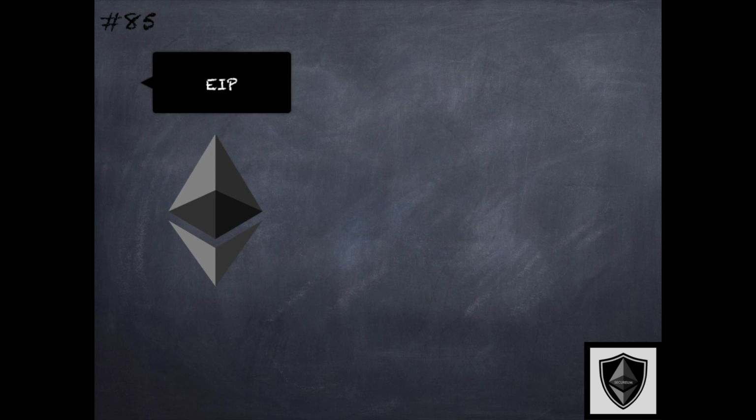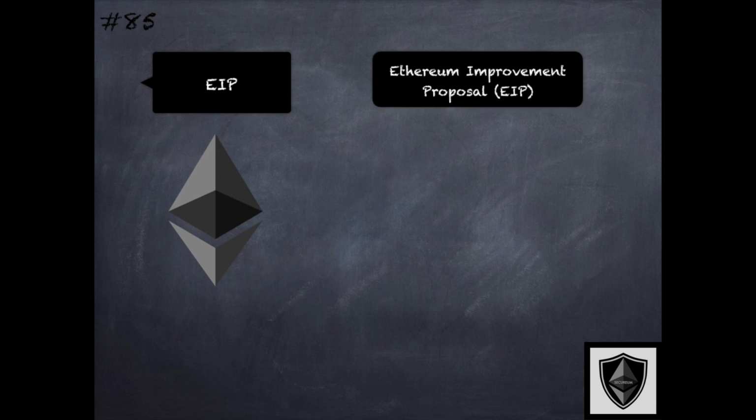A term that you will come across in Ethereum literature very frequently is EIP. This stands for Ethereum Improvement Proposal, and as it is named, these are proposals put forward by researchers, developers, and community members in the Ethereum ecosystem to make changes to different aspects of the Ethereum protocol.